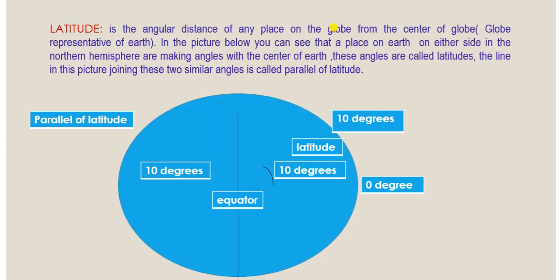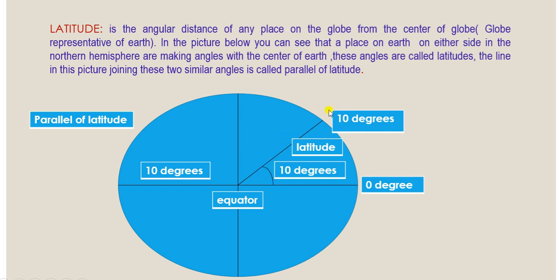Here you can see, just have a look. This line joining north pole and south pole is the prime meridian. Now the line which joins extreme east and west is the equator. Then suppose here this is place A. This place A is making an angle of 10 degrees with the center of earth.